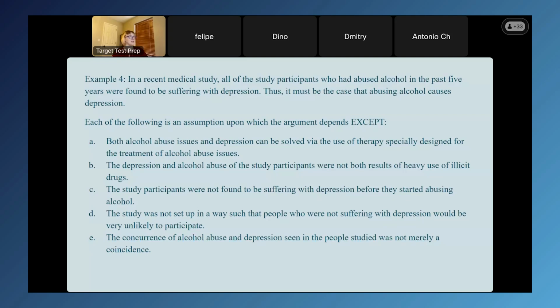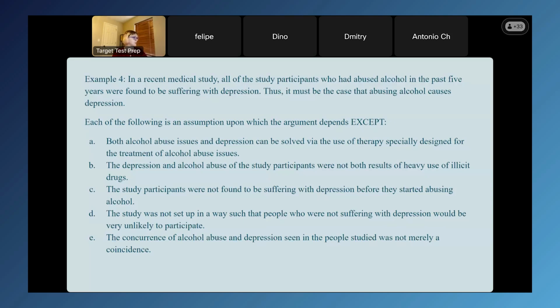But if they're only looking at people who are suffering with depression, then of course maybe all of the people involved are suffering with depression. So the fact that the study was not set up in a way such that people who weren't depressed would be unlikely to participate is a necessary assumption.